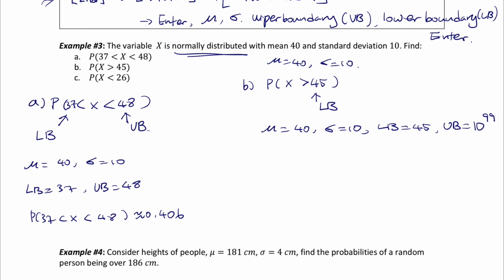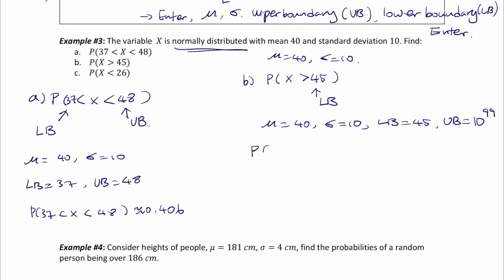We use 10^99 as an upper boundary value or negative 10^99 as a lower boundary value for your GDC, because that is the largest number and the lowest number the GDC can recognize, okay? Then you get question B, the probability that x is greater than 45, as 0.309.